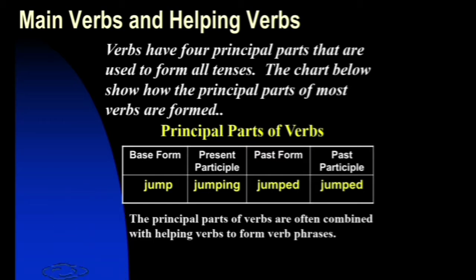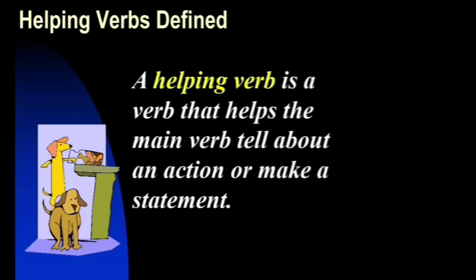Principal parts of verbs: the base form is jump, the present participle is jumping, the past form is jumped, and the past participle form is also jumped. The principal parts of a verb are often combined with helping verbs to form verb phrases.